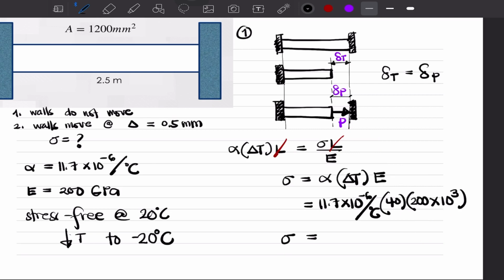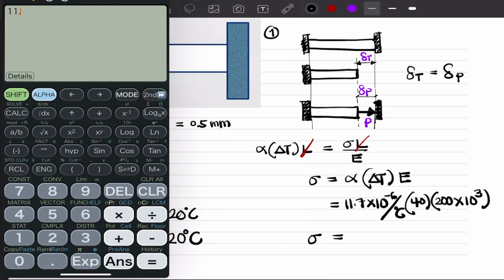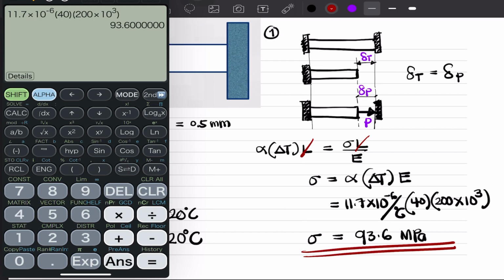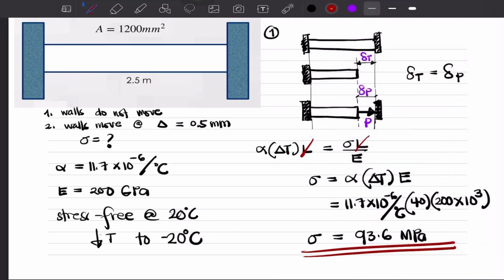So, the stress, therefore, is equal to 11.7 times 10 negative 6 times 40, 200 times 10 cube, 93.6 megapascal. So this is the stress when the temperature has dropped from 20 degrees to negative 20 degrees with the condition that the walls do not move.